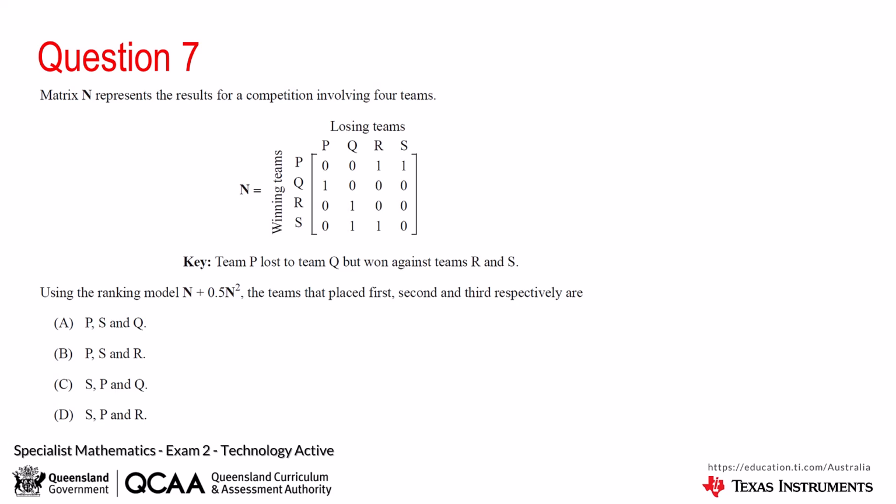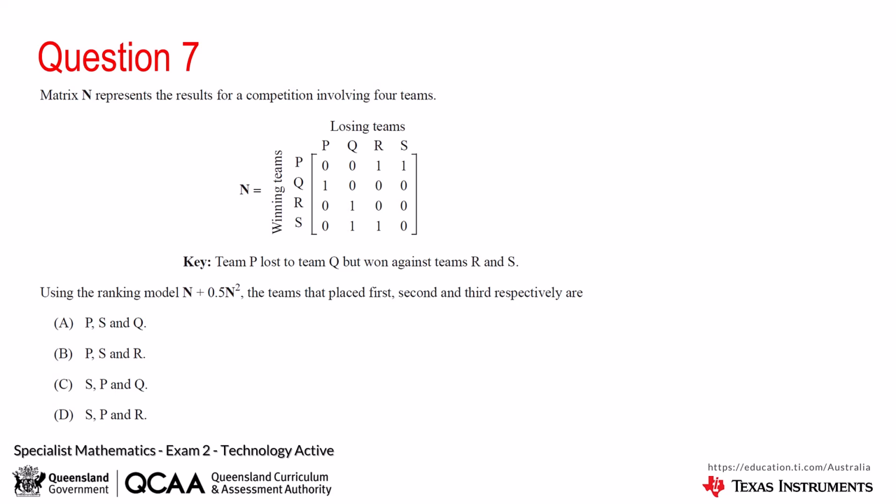As mentioned in the question, there's a very helpful key that illustrates that if you have a look at the first row of the matrix, you can judge there that Team P lost to Q because there's a 0, but 1 against Team R and 1 against Team S, denoted by the elements 1 in that row 1.